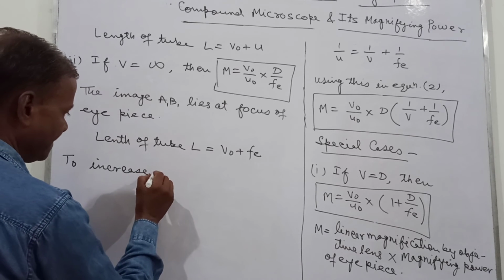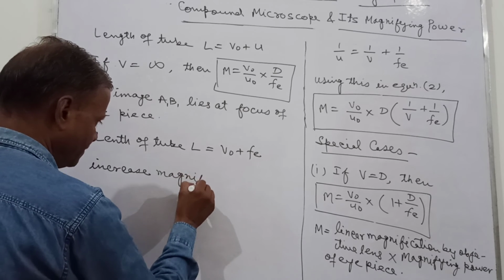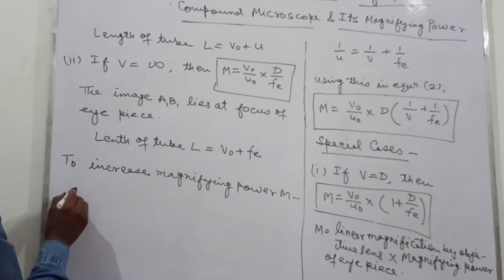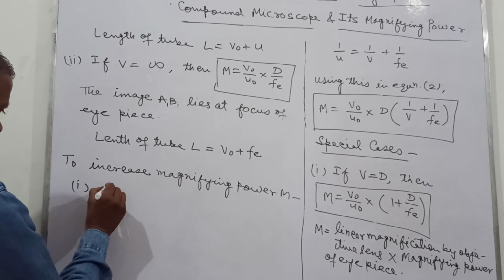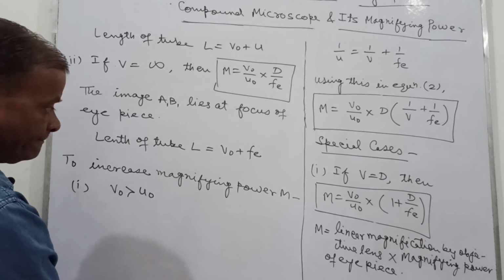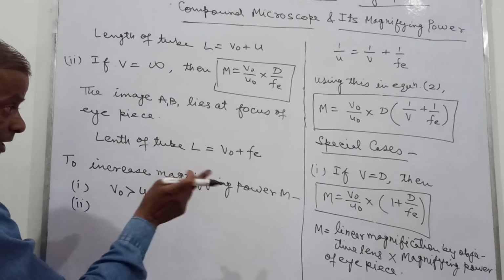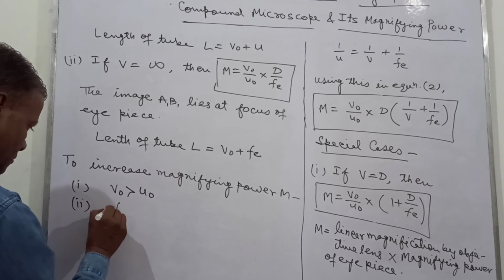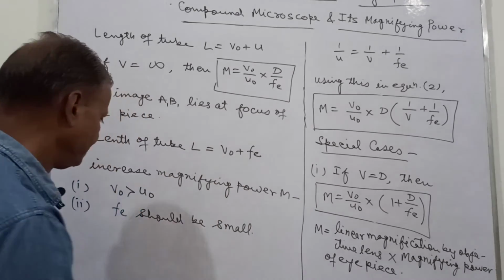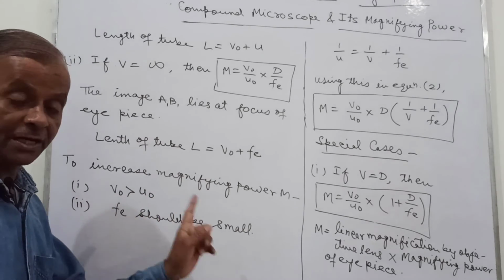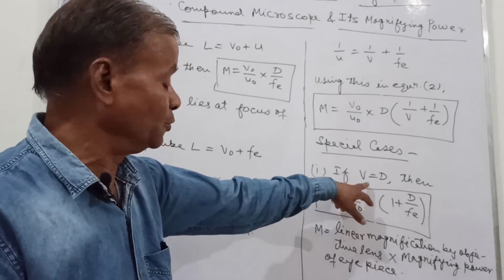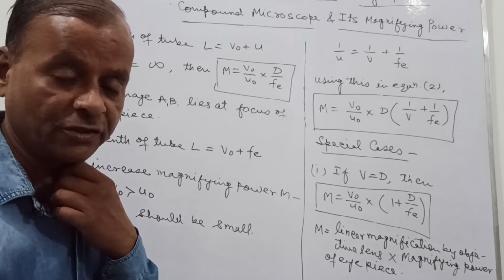To increase magnifying power M, first, V naught should be greater than U naught. That is the first condition, its value should be more than this one. And the second? This F E should be small. So by decreasing F E and increasing this value relative to it, we can increase the value of M. The magnifying power will be maximum when the image and object both are formed at the distance of distinct vision.